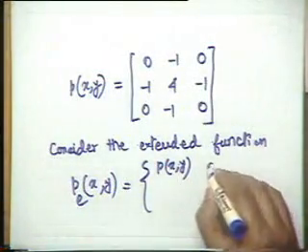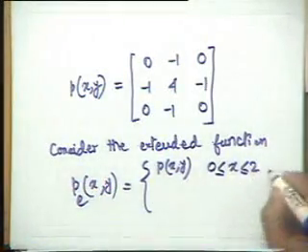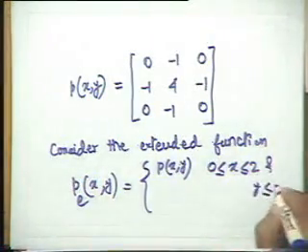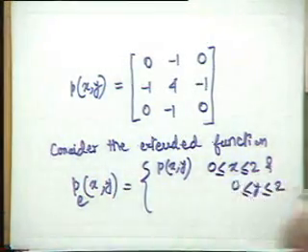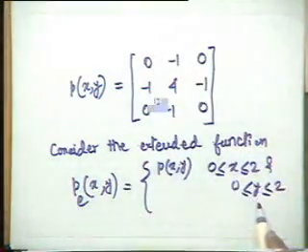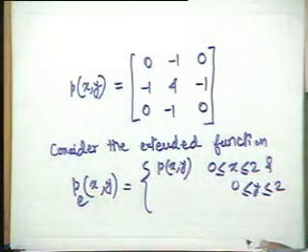For what limits? When 0 is less than or equal to x is less than or equal to 2, and when we have y also lying between 0 and 2. All right, so this is what we are getting, and in all other places, what are we going to have?